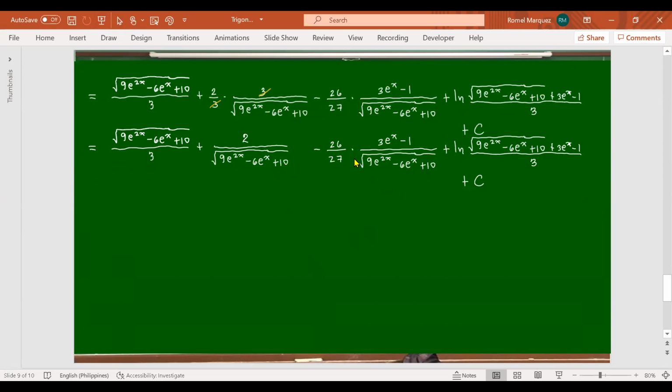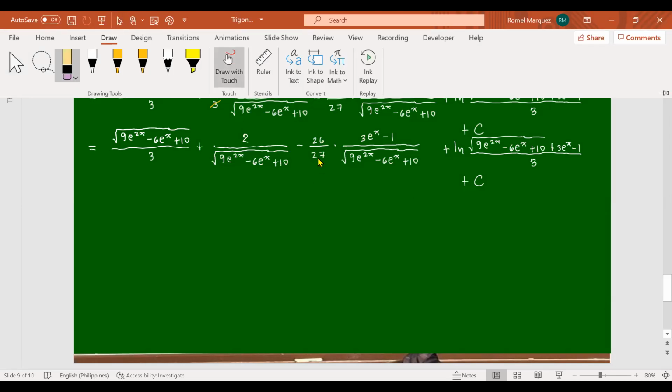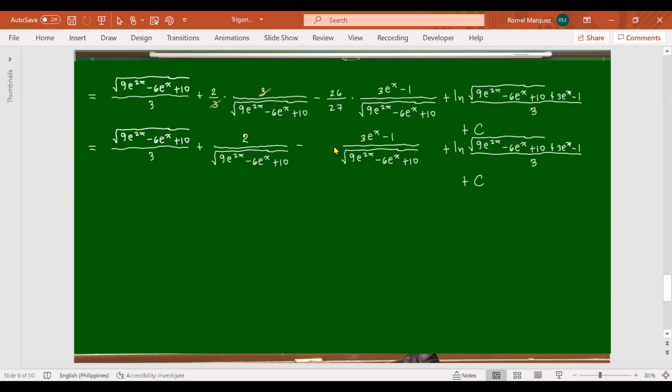Check what I am writing, huh? And then we'll have this. And I don't think we will be able to simplify this more. So that's it. I will just write this in a better form, so I will have just one denominator.